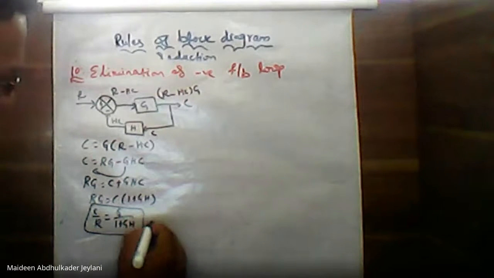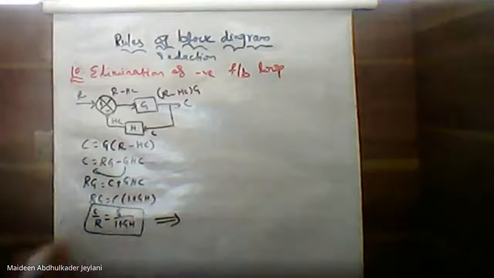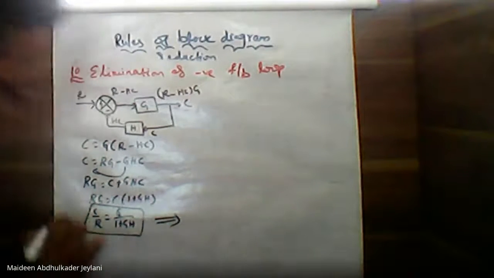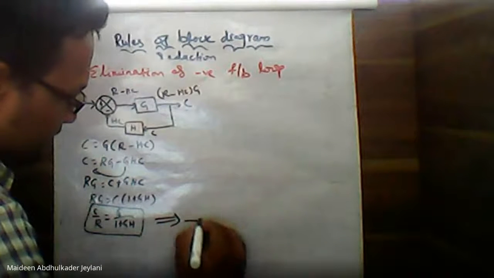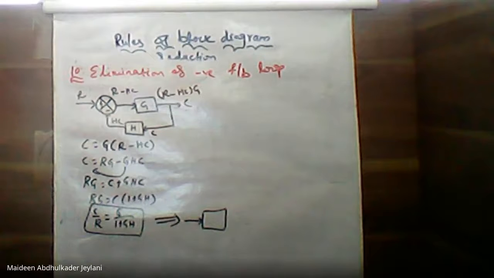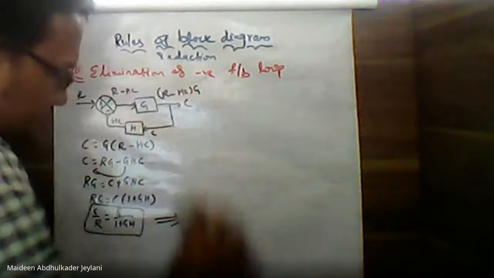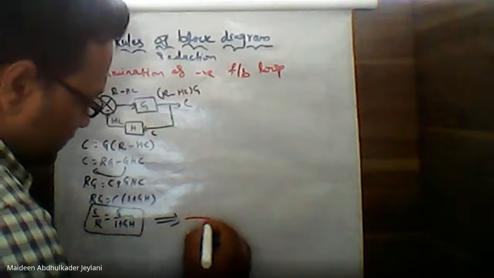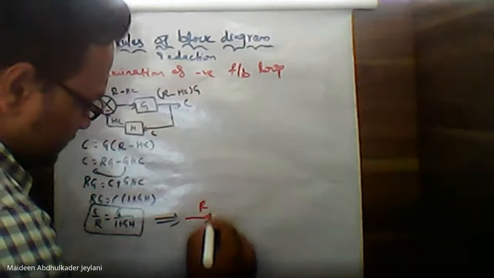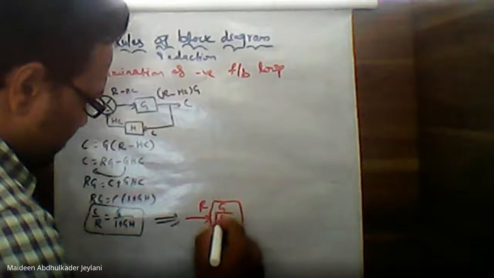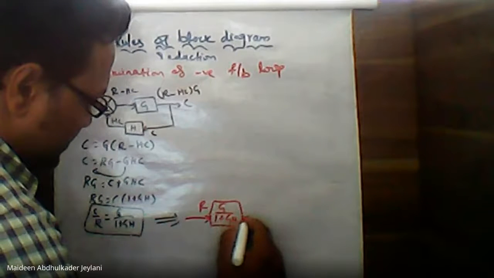Okay. How can we represent this in a block diagram representation? Our input is R. System gain is G divided by 1 plus GH.